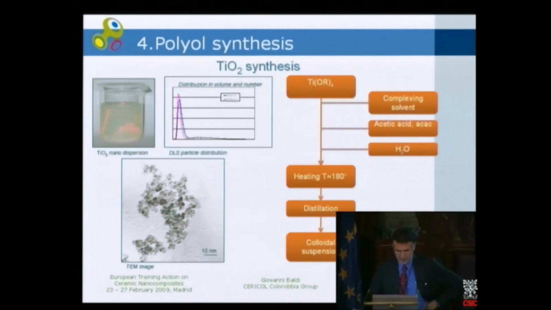synthesis. This is a typical synthesis of titanium dioxide. We start from a titanium precursor, for example, a titanium alkoxide. Then we add a complexing solvent, polyethylene glycols, diethylene glycols, acetic acid as a stabilizer, and water in a precise ratio.